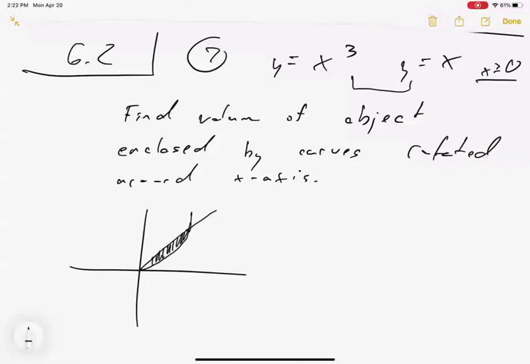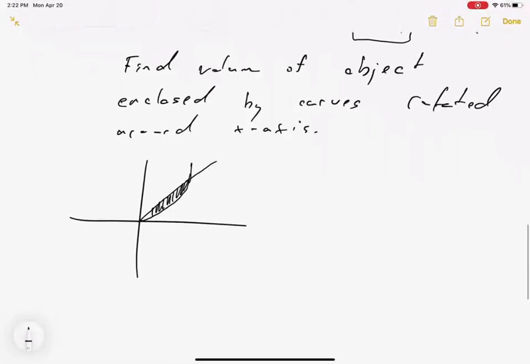Then I'm rotating it around the x-axis, and I get this thing. My object is kind of like a cone with some empty space in the middle, and my cross sections are these washers.